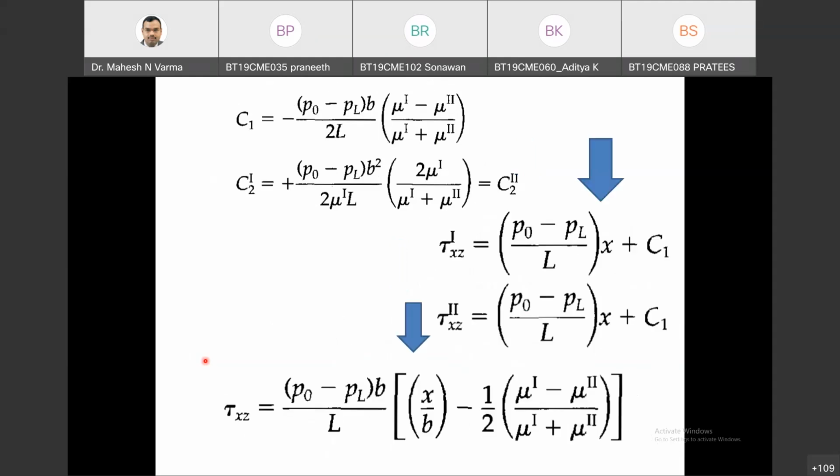If you observe this equation, if mu1 is greater than mu2, then the maximum velocity will be in phase 1, or x equals b, and if mu1 is less than mu2, the zero flux location will be less than 0. B should be negative. There I will get this tau xz equals to 0.